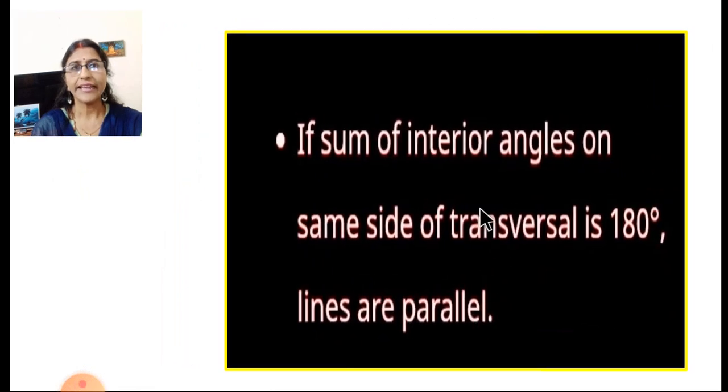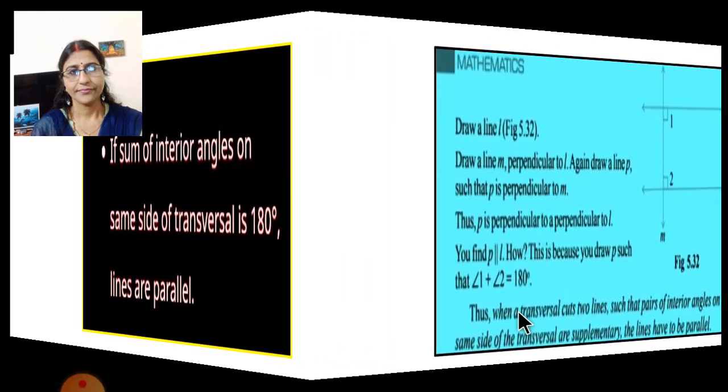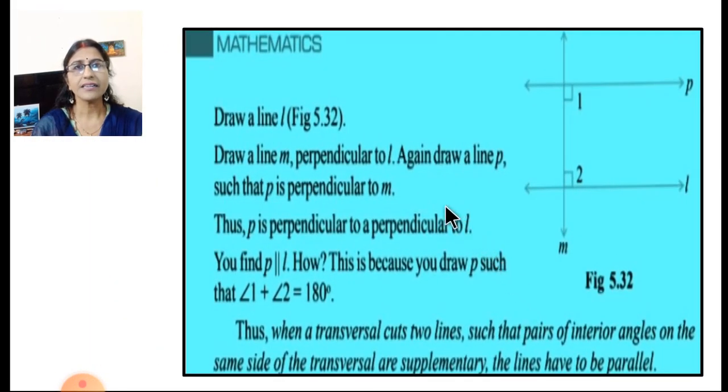Now the next one: if the sum of interior angles on the same side of the transversal is 180 degree, the lines are parallel. Now to understand this, draw a line L. This is the line L. Draw a line M, which is perpendicular to line L, meaning it is forming a 90 degree angle.